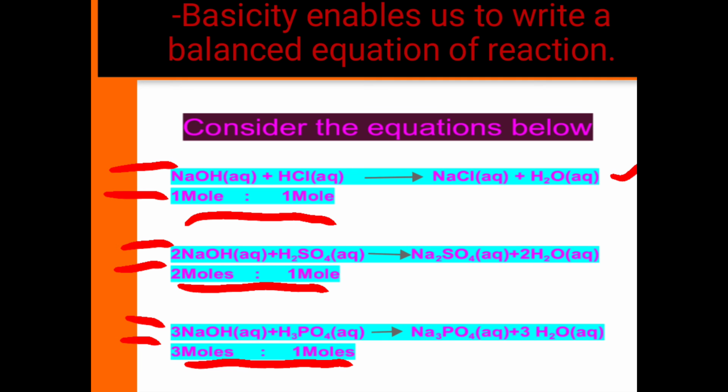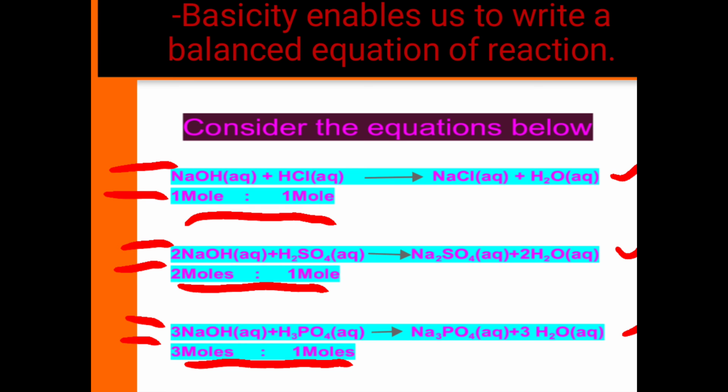Let us move on to this one. When you look at the product we are getting here, we are getting sodium sulfate, and the valency of the sulfate has gone to the sodium. That 2 on the sodium is also representing the basicity, and on the water you are also seeing a 2 there. Let's go to this. That of phosphoric acid, you are seeing a 3 on sodium and a 3 on water. You have 3 moles of water.